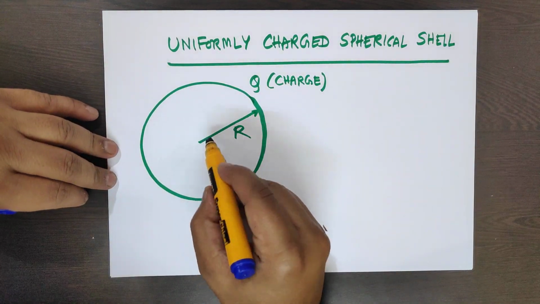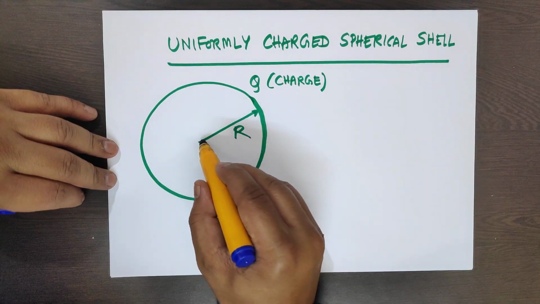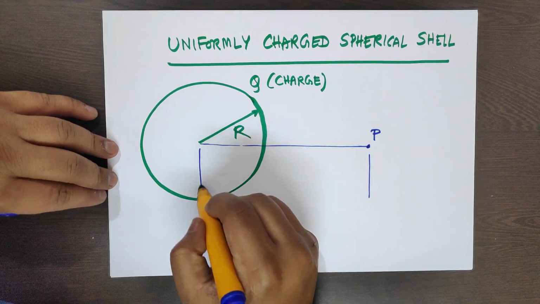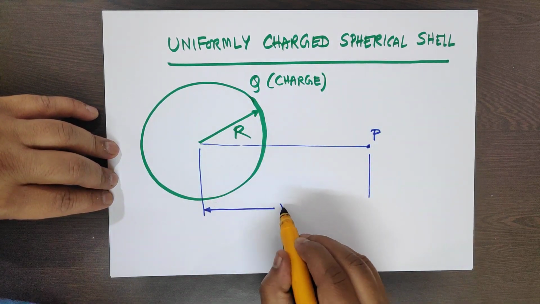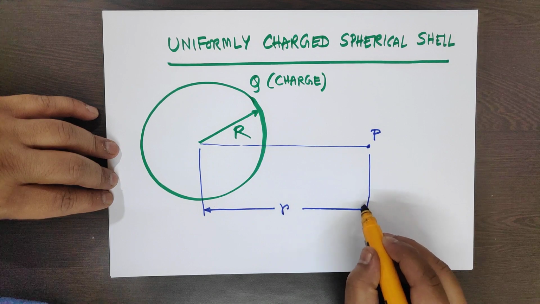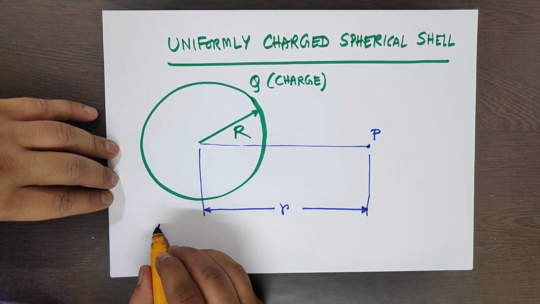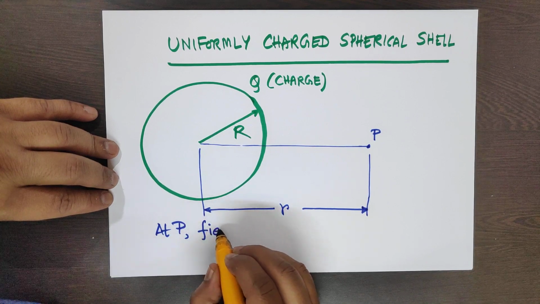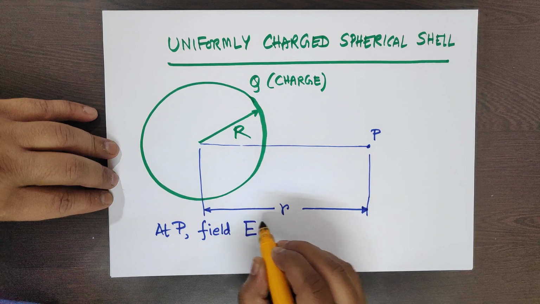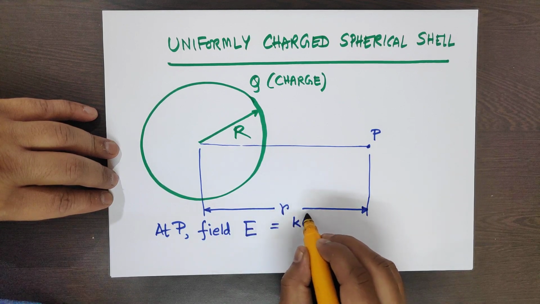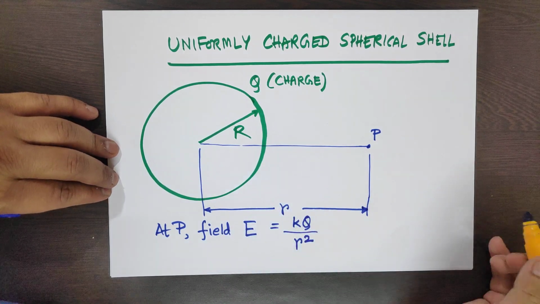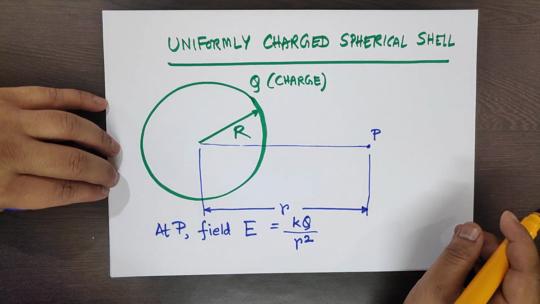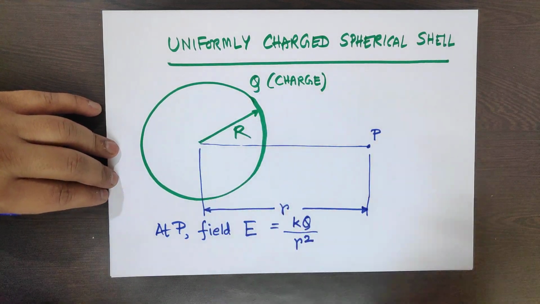So for outside points, suppose this point P which is at a distance r, at P the field E equals K Q by R square. For the outside point, the whole shell will act like a point charge located at its center.